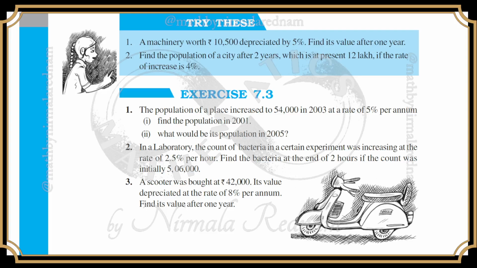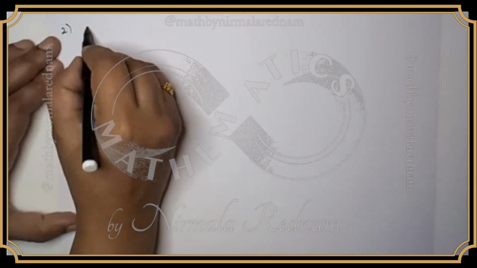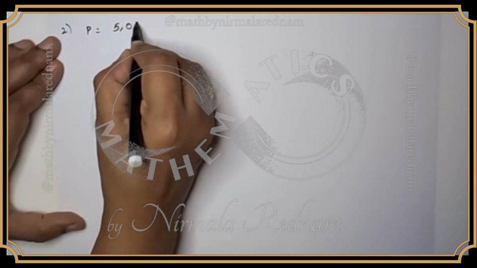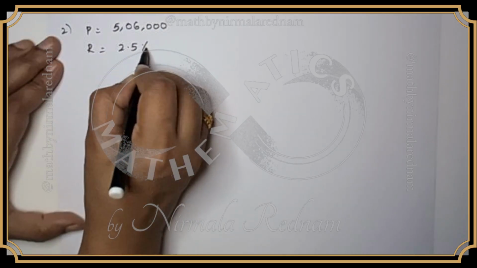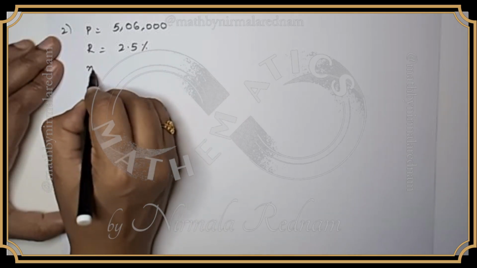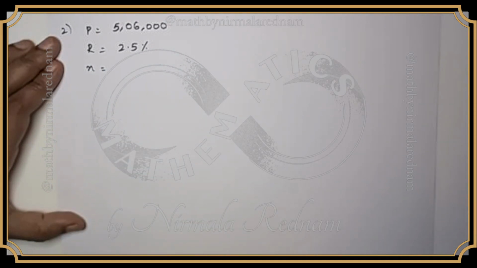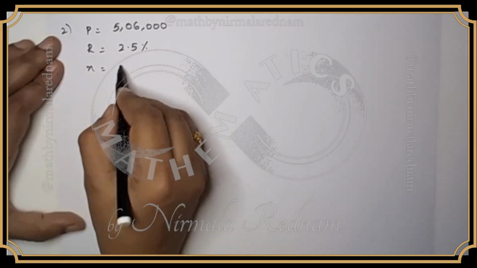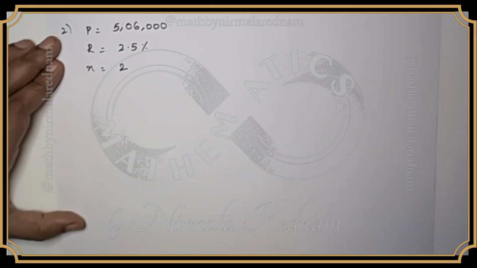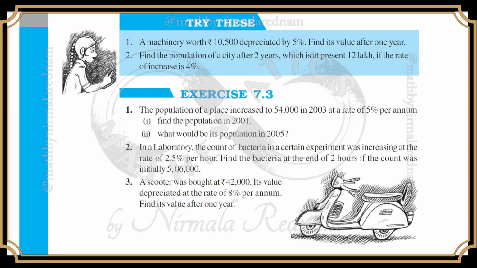The bacteria count initially is 5,06,000, and the rate is 2.5% per hour, and the number of hours we are considering is 2 hours, right? So now we simply have to put all these in the formula and you will get the answer.